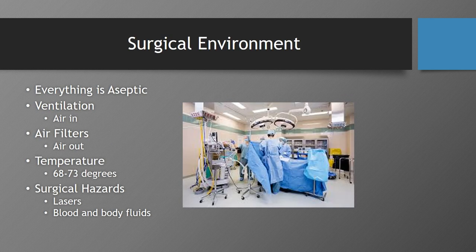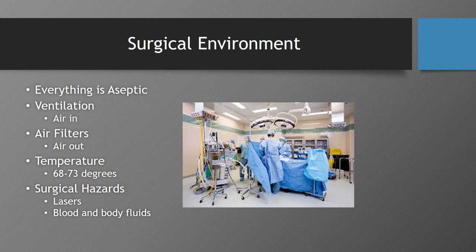The surgical environment, everything is aseptic. They have ventilation, which is air in. They have air filters, which is air out. So basically, the air coming into the surgical suite is purified, and then they also have some sort of return that sucks out all the air.